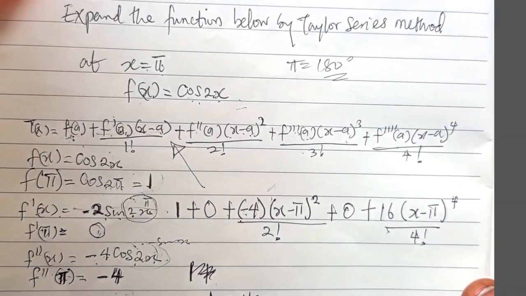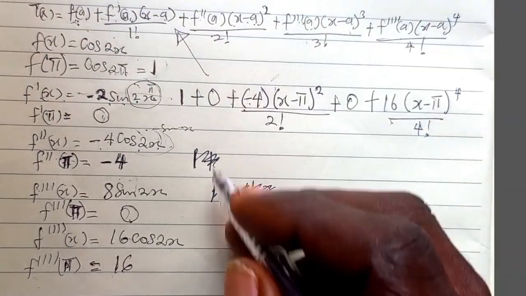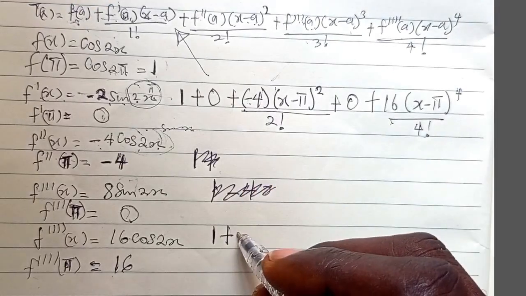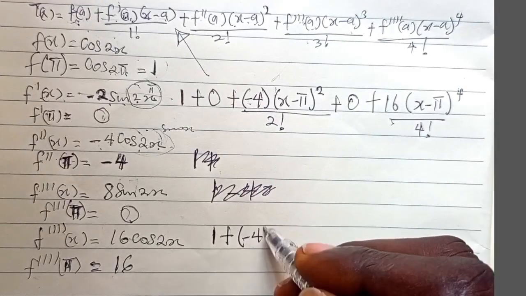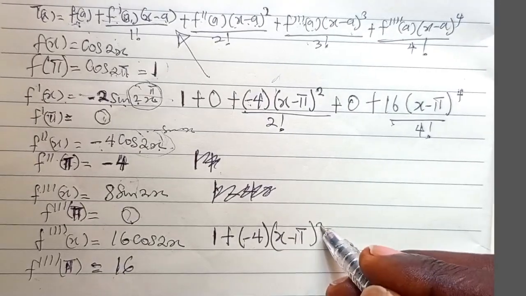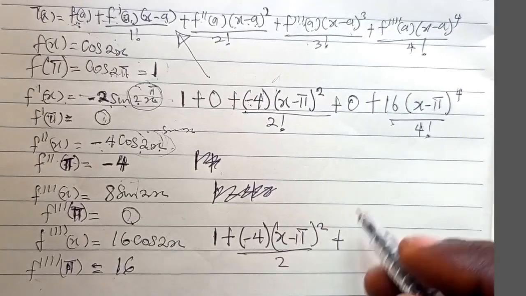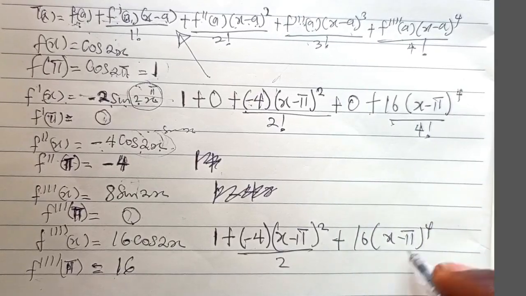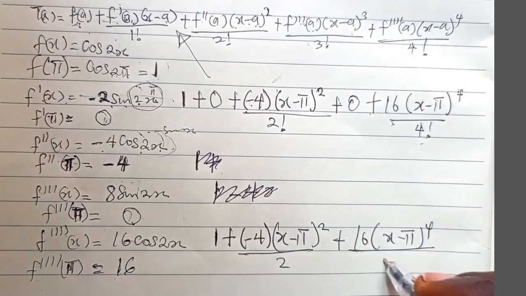Then just put everything together. So that will be 1 plus, minus 4 times x minus pi squared over 2, plus 16 times x minus pi to the 4 over 4 factorial, which is 24.